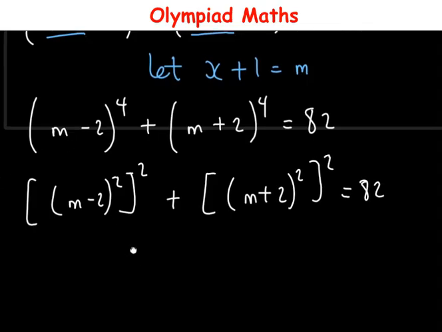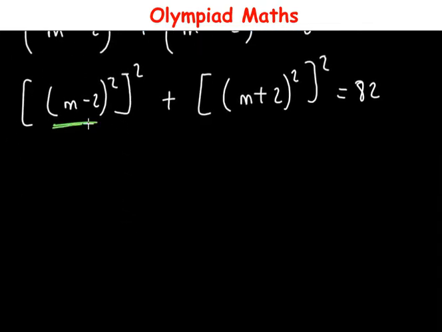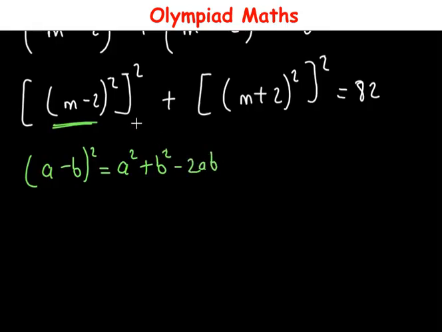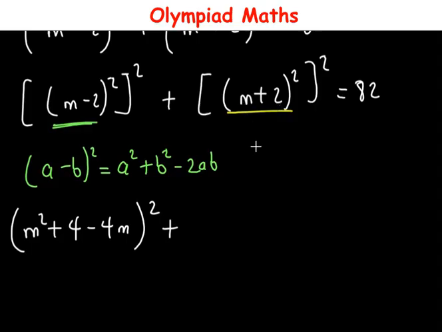With this, looking at this right here, this is in the form of a minus b all squared. And if you have a minus b all squared, this equals a squared plus b squared minus 2ab. So expanding this, we have (m squared plus 4 minus 4m) all raised to power 2 plus, also this right here is in the form of a plus b all squared.